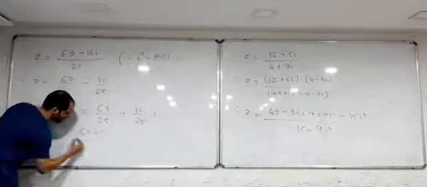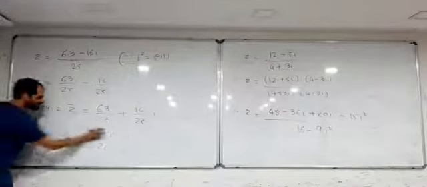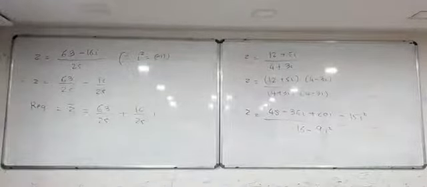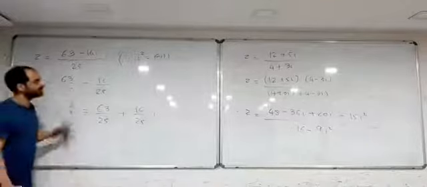But it's better that we can do over here only. 63 by 25 plus 16 by 25 i.